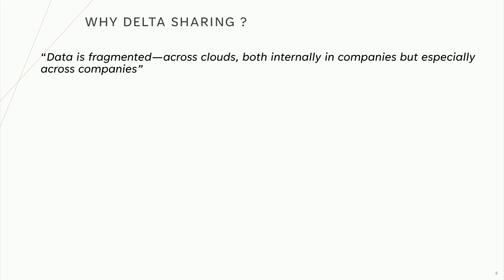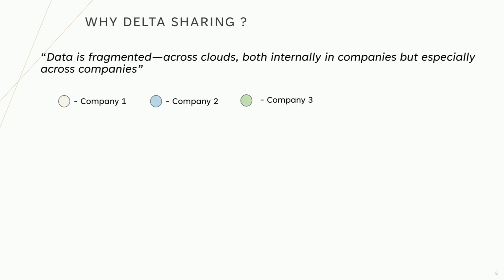So, why do we need Delta Sharing? Historically, data has been fragmented, because your data lives in different places. It's been inside a company, but also across companies and across clouds.